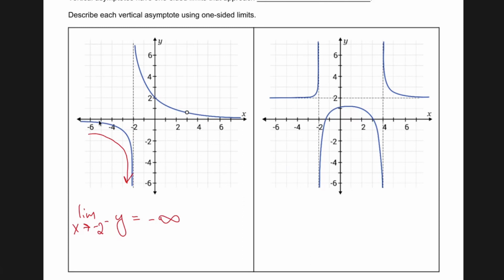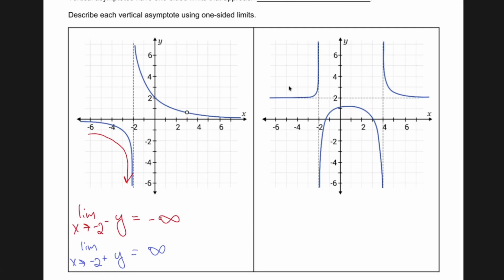I dip down and go towards negative infinity. My other one is still -2 but from the right side. The limit as I go towards -2 from the right curls up here, which is going to be positive infinity.